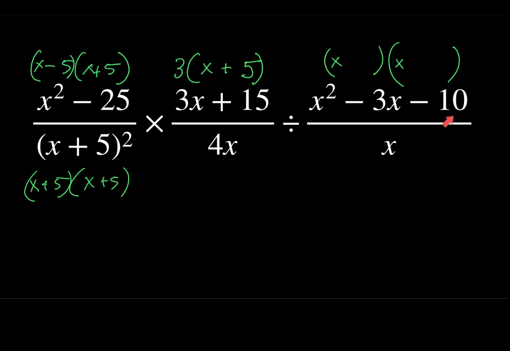So you're thinking of all the numbers that multiply to 10. But then -10 means one's positive, one's negative. All right, so -5 times +2, well, that's -10. -5 plus 2 is -3. So this would factor into (x - 5)(x + 2).